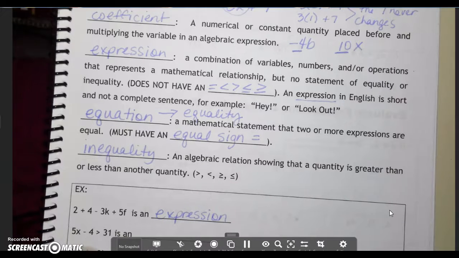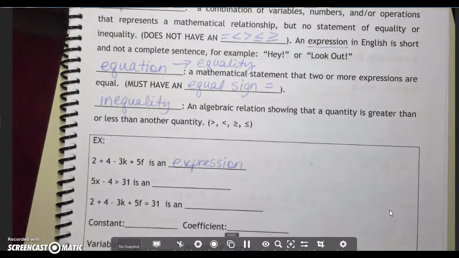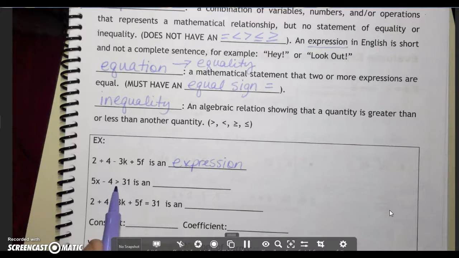Mark, 5x minus 4 is greater than 31. What is that? Is that an equality, inequality, expression? What kind of sign does it have in it? It's got a negative sign. What about this? What's that? Right, so if it's greater than or less than, what do we call those? An equation or an inequality?